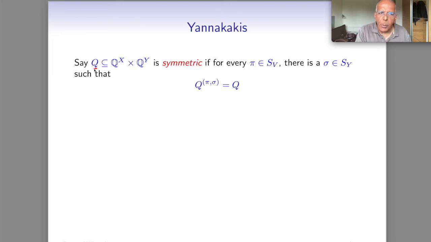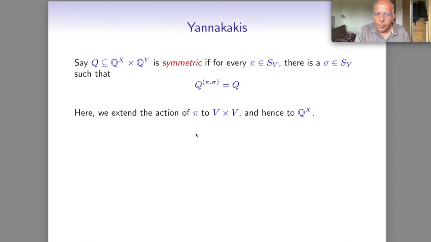So when this polytope Q that we're looking for is symmetric, whenever you take a permutation pi of V, now remember V is the collection of vertices, and X is the set of variables Xij, where i and j are in V. So if you take any permutation of the vertices of, for instance, your graph, then you can find a permutation of the new extension variables Y with the property that if you apply the permutation pi to the variables X, and here we mean exactly as we did in the case of circuits, you extend the action of pi to pairs V cross V, and hence to the whole vector space Qx, then we can find a permutation of the variables Y such that applying this pair of permutations to Qx, Qy gives back the original polytope.